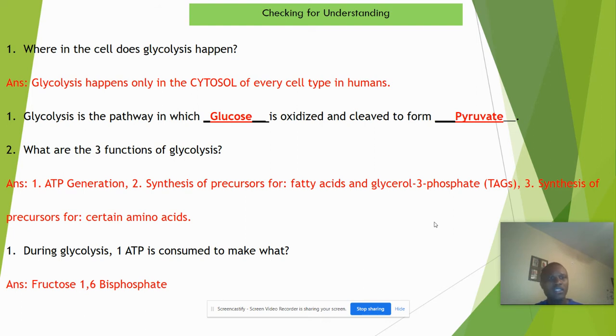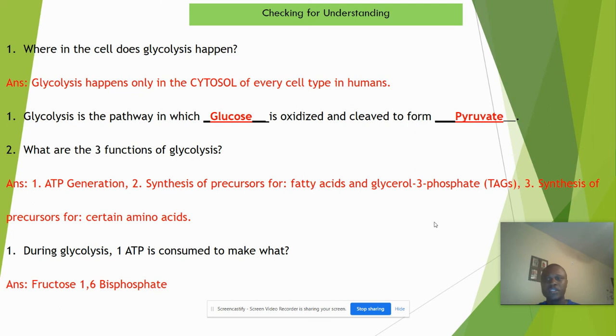The first one is ATP generation. So we want to generate energy for body use. The body needs energy. We need energy to carry out all the activities that we do every day. And so the primary reason of glycolysis is to generate energy. The second one is to synthesize a precursor for the synthesis of other molecules like fatty acid, glycerol 3 phosphate.